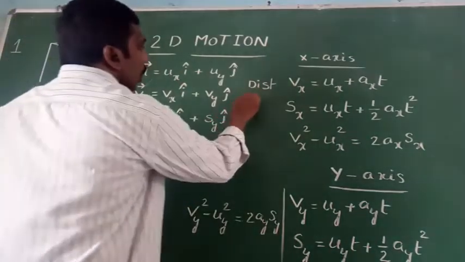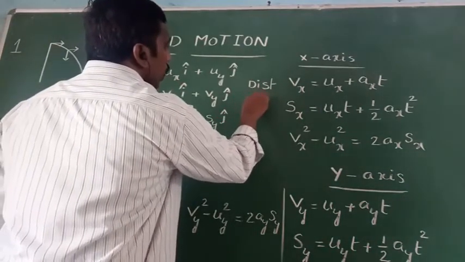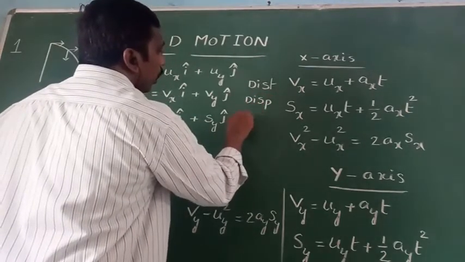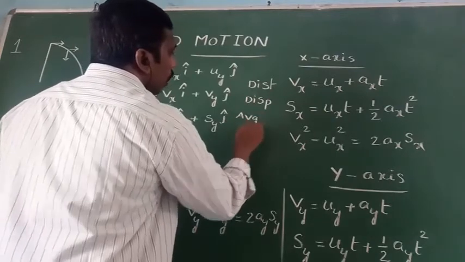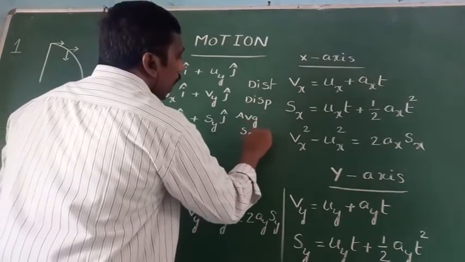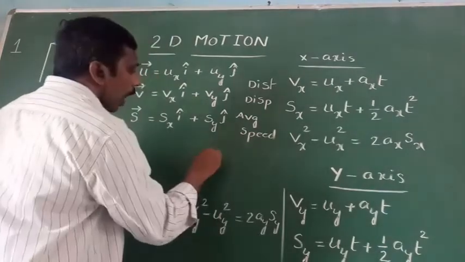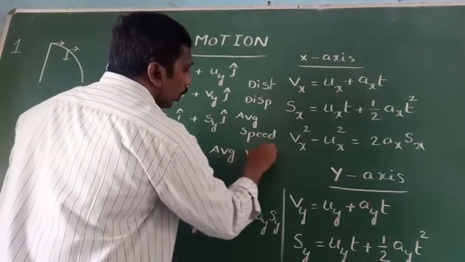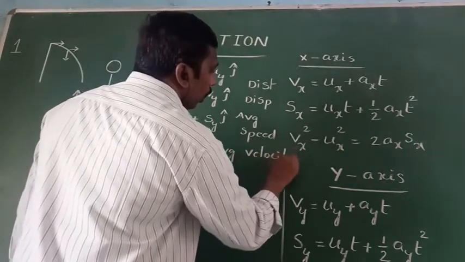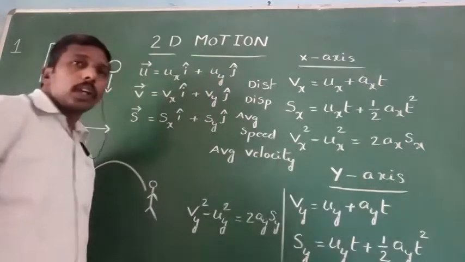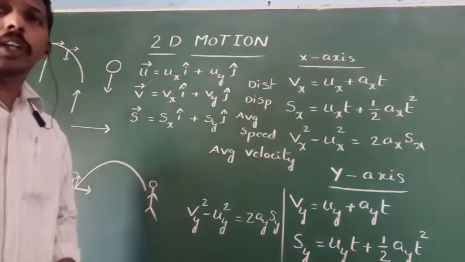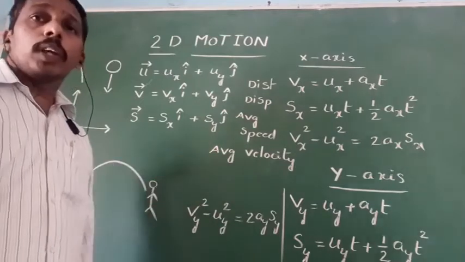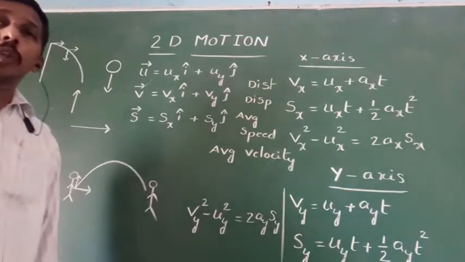One is distance, second is displacement, average speed, instantaneous speed, average velocity, instantaneous velocity. These terms we calculated in one-dimensional motion. Acceleration as well. Similar physical quantities we can calculate in two-dimensional motion also.